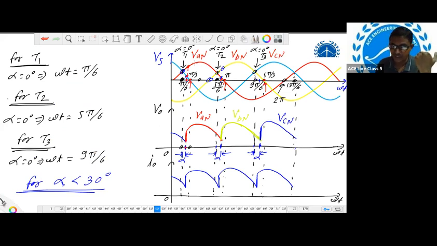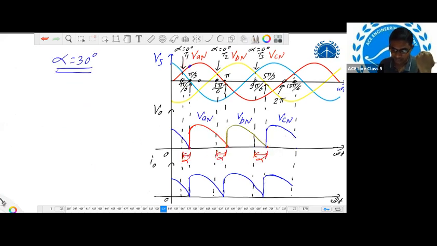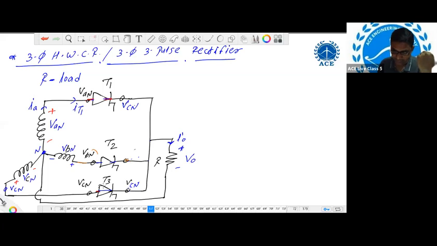Similarly, when T1 is in conduction mode, at that time the remaining two thyristors will be in off state. T3 will turn off, and T2 is also in off state. Definitely the output is VAN because T1 is acting as a short circuit. So VAN here, here, and here.